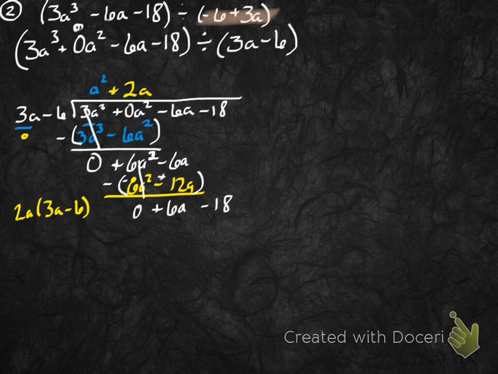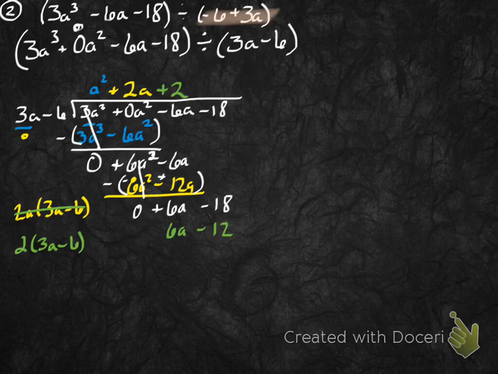And then my last step, I need to multiply it by just 2 this time, because the a doesn't need to change. And so 2 times 3a minus 6 gives me 6a minus 12.